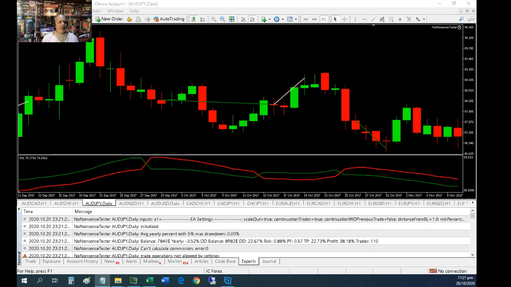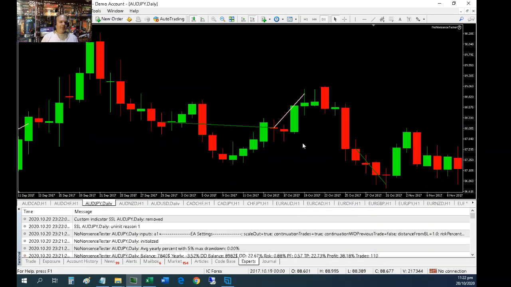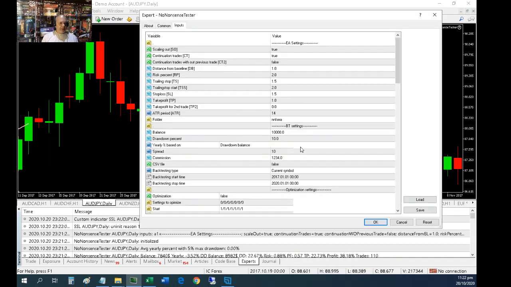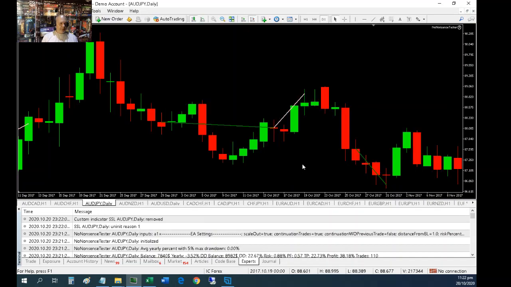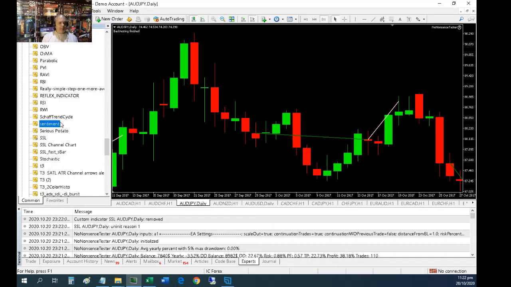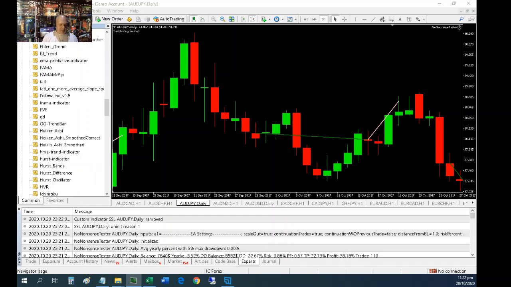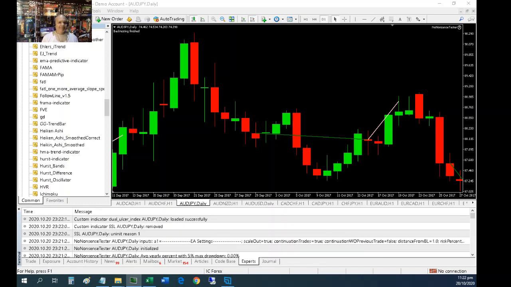Okay, so let's remove this indicator. Let's load the indicator. So this is another very popular indicator, the dual ulcer. All right.